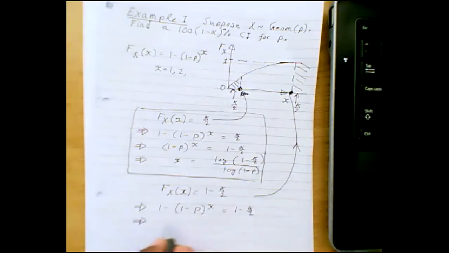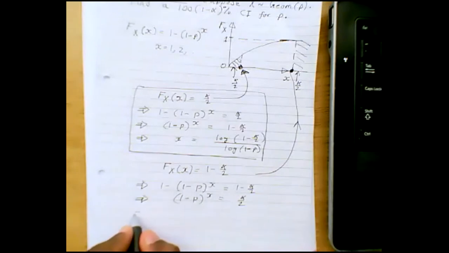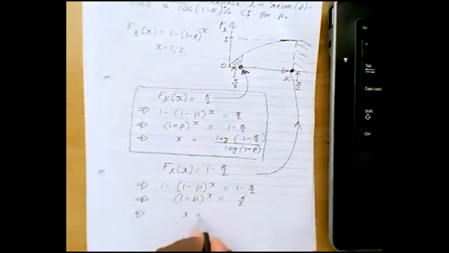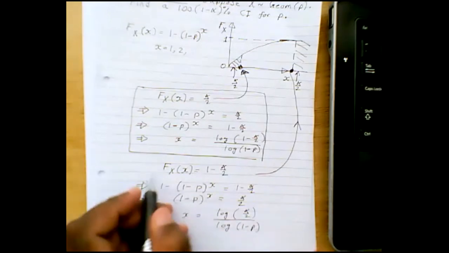So this implies that (1 minus p) power x is alpha by 2. So x is going to be log of alpha by 2 divided by log of (1 minus p).